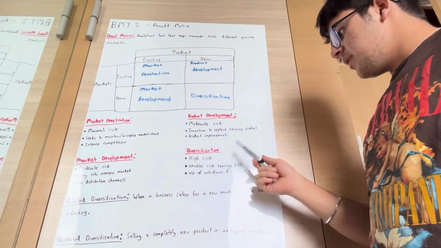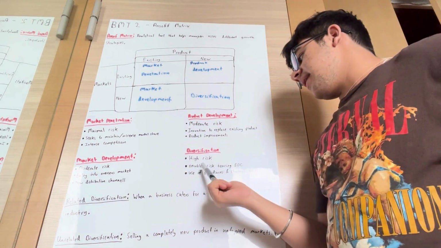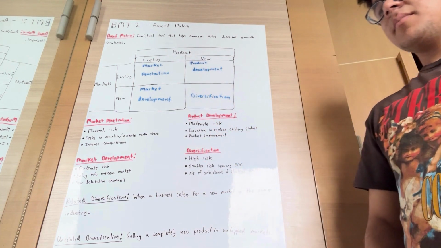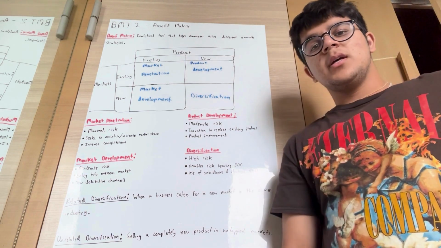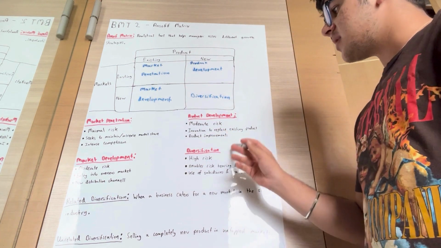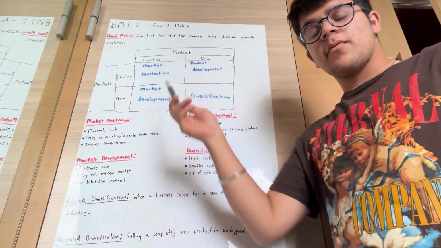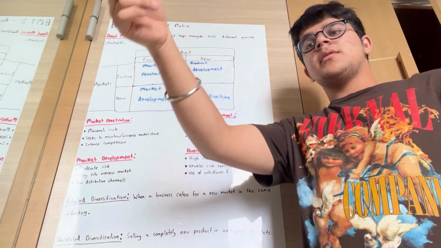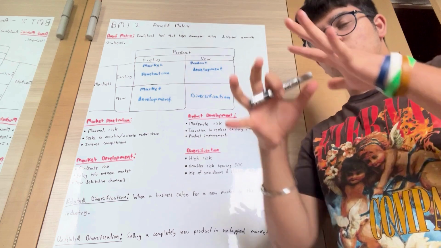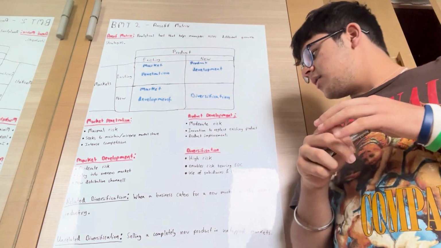But with diversification, it enables you to have risk-bearing economies of scale. That practically means, to sum it up in a simple phrase, don't have your eggs in one basket. So it has businesses in multiple different industries, so if one fails, the others won't fail and still earn money for it. So it's overall less risky.